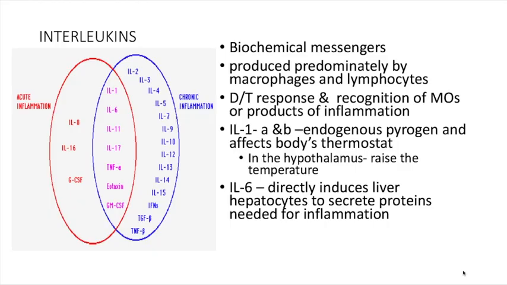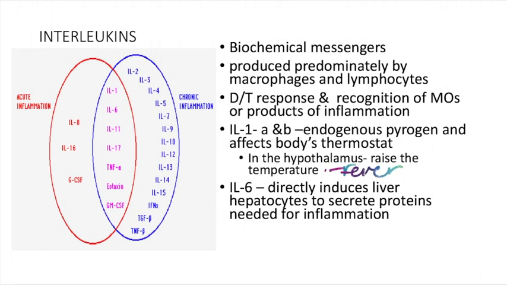Interleukins are biochemical messengers produced predominantly in macrophages and lymphocytes. They are produced in response to recognition of microorganisms and products of inflammation. So either or. Interleukin 1 alpha and beta are endogenous pyrogens and affect the body's thermostat. So this is actually what is going to produce fever.